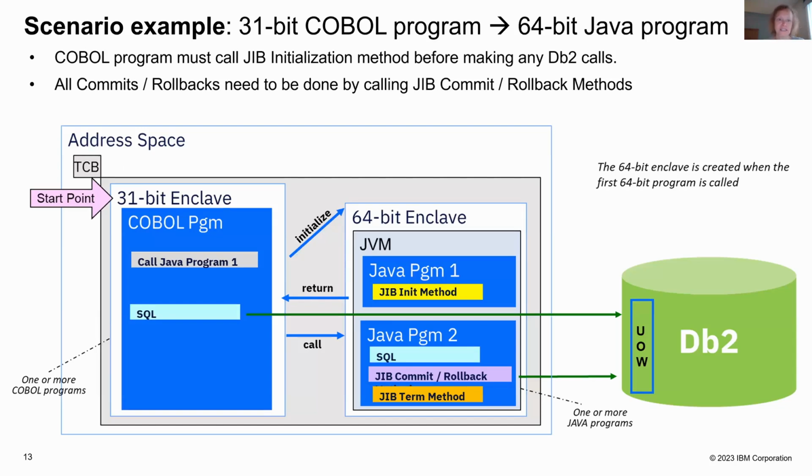So this is an example of how it looks. In this example, a COBOL program calls a Java program, and Java supports both 31 and 64-bit. Because this is all new, the companies I know just go with the 64-bit Java environment. This JIB stands for Java in batch.